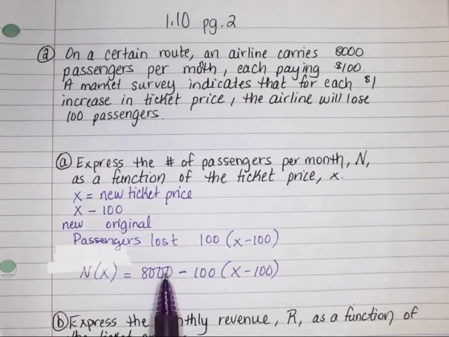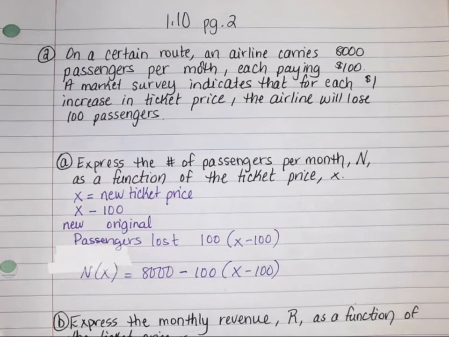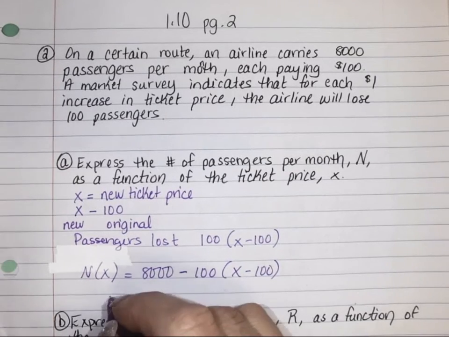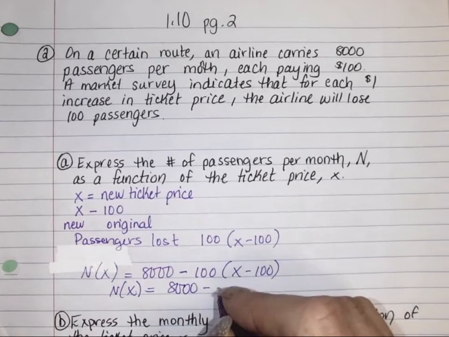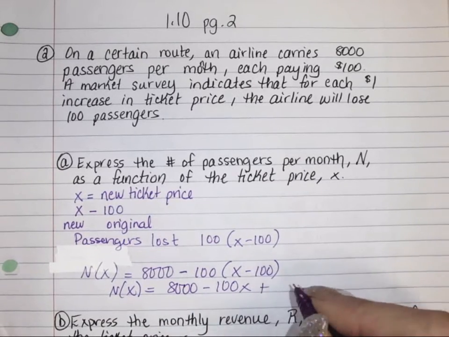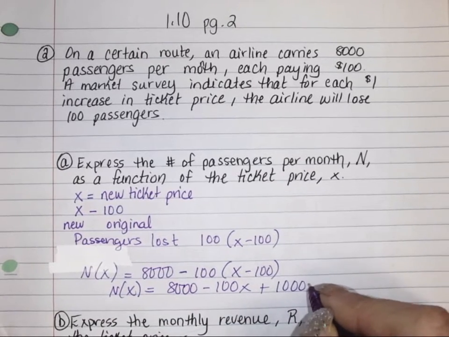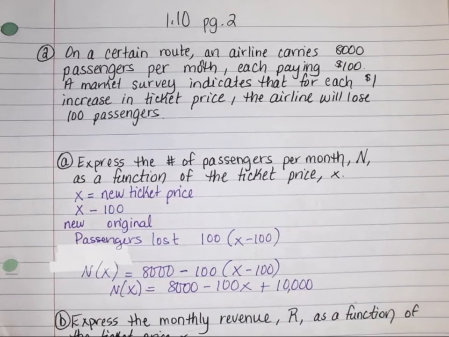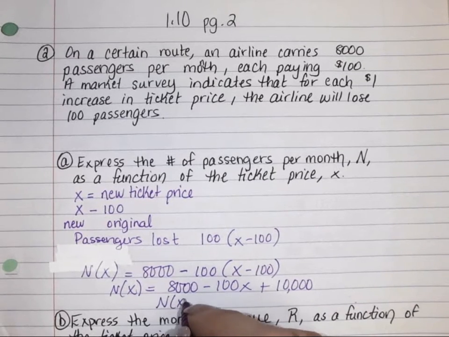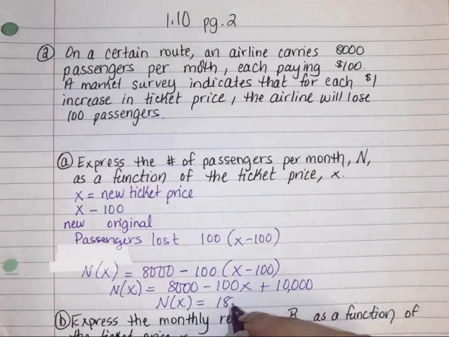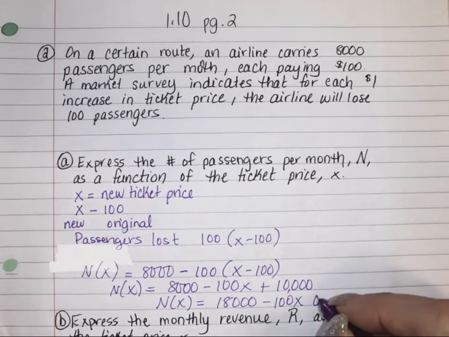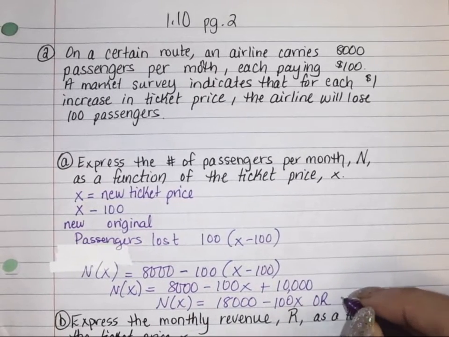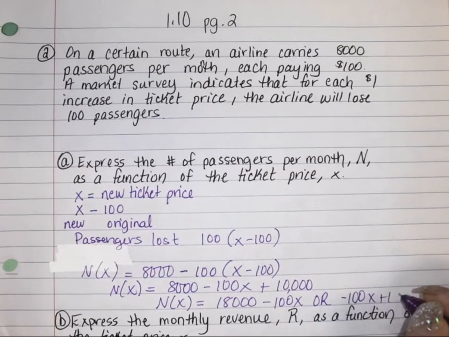So we're definitely going to have 8,000, but we're losing this many. And let's go ahead and simplify that as much as possible. So 8,000 minus 100x plus 10,000. And then combine like terms. So the number of passengers is 18,000 minus 100x, or you might see it written as negative 100x plus 18,000.